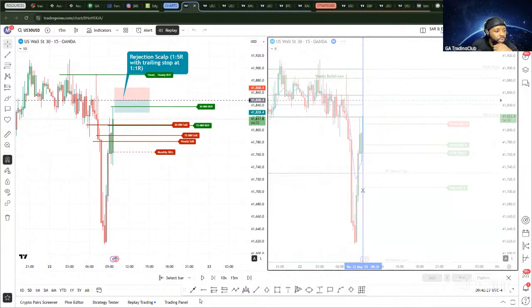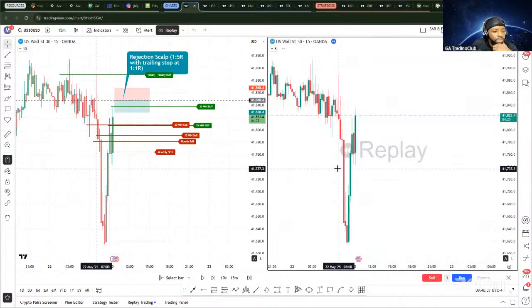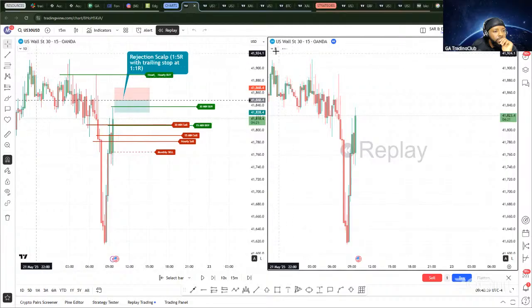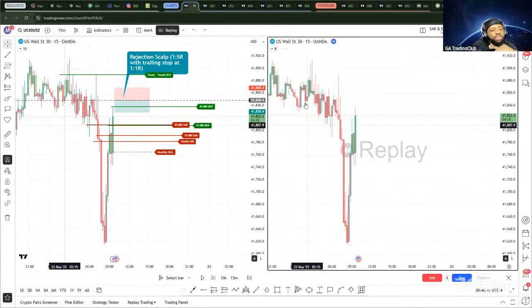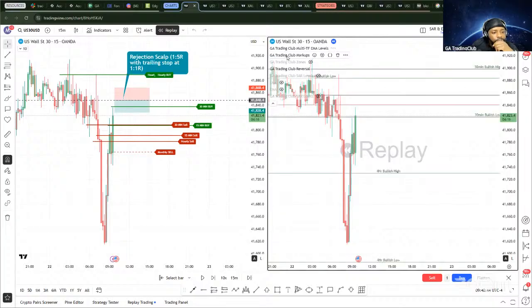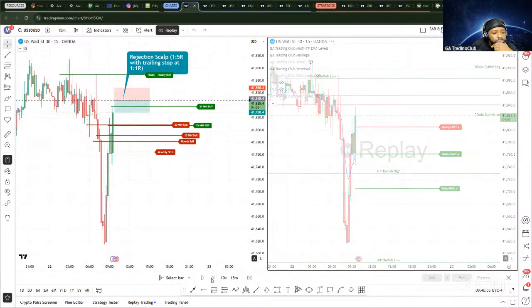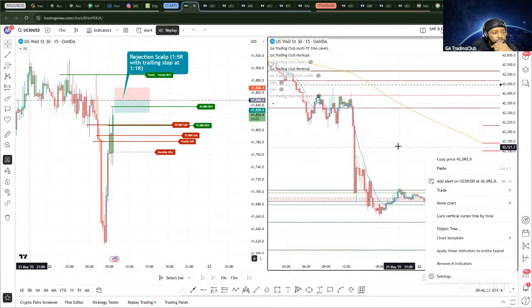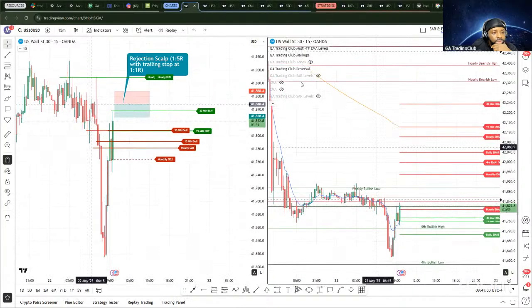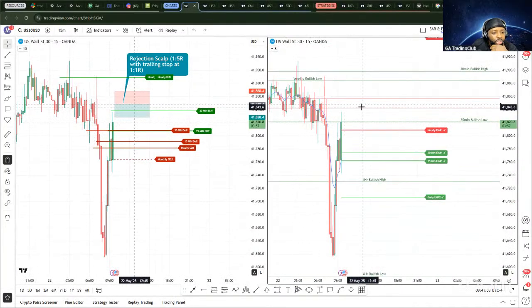I don't know why my TradingView acts up like this. Anyway, for the EMAs, I think we should be testing the daily EMA at some point, right?